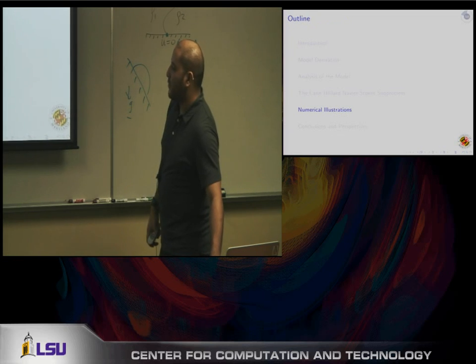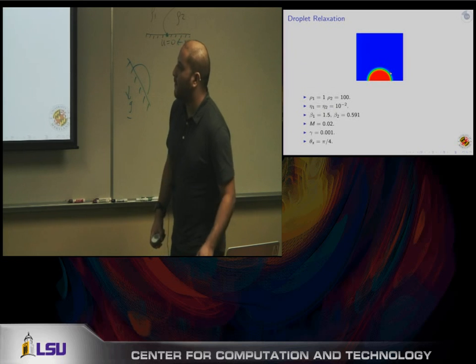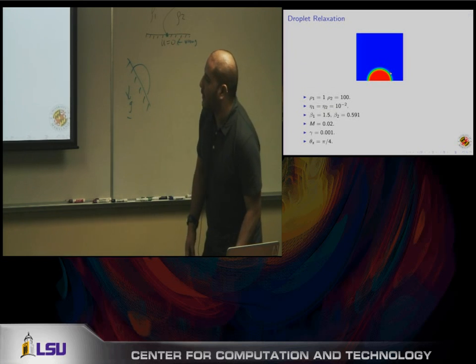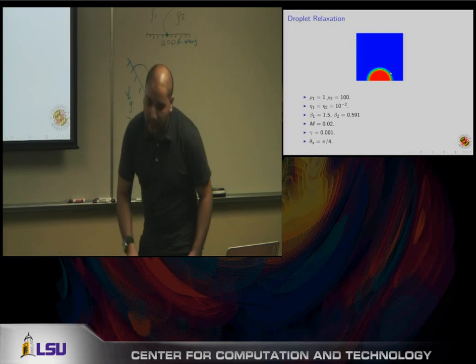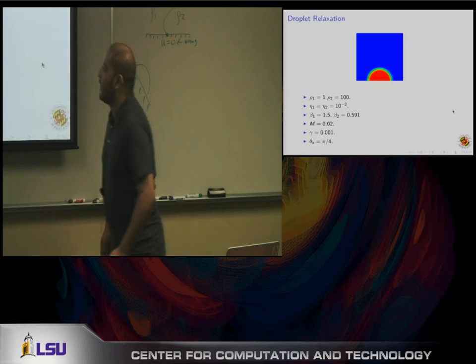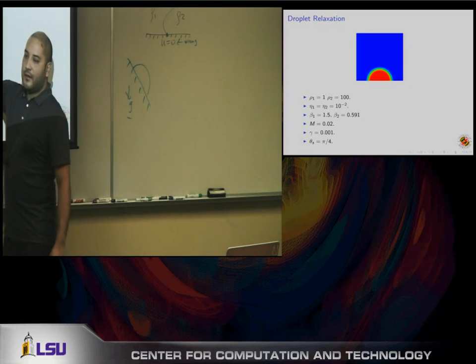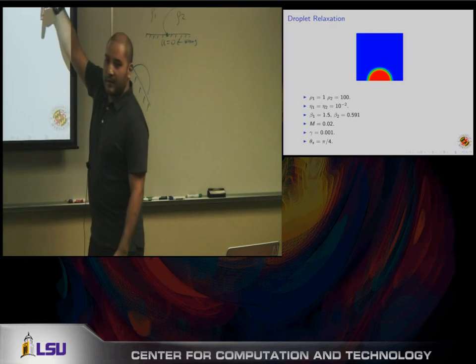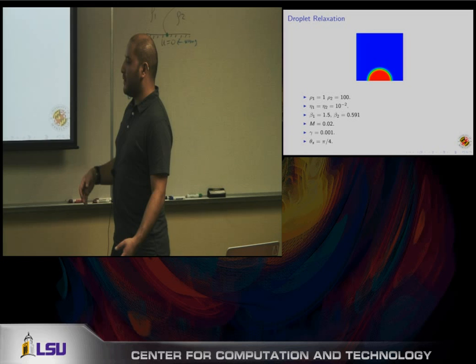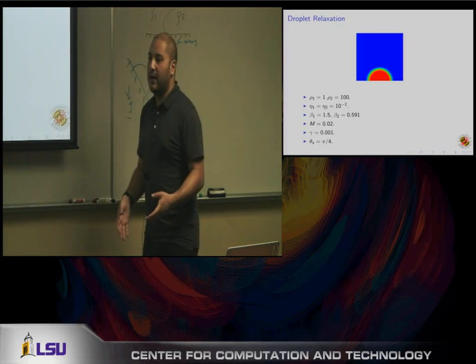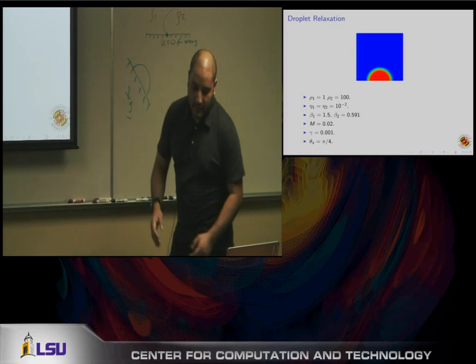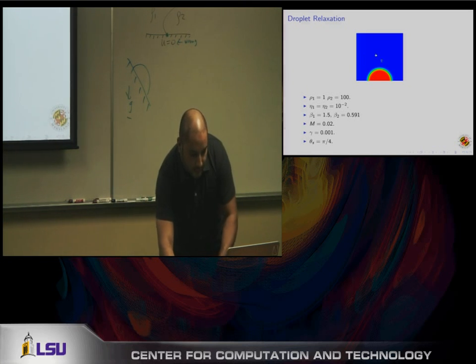Let me show you a couple of numerical illustrations, first about this technique for the Cahn-Hilliard-Navier-Stokes problem. This is droplet relaxation. Let's say we have a droplet of a heavy material, this is the red thing, and under the action of gravity, and the fact that the contact angle here is not the one that the droplet would have at equilibrium, it's going to start moving.